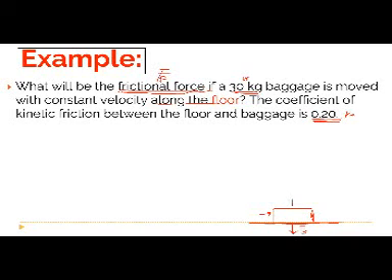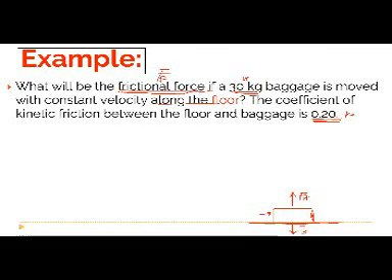So this is perpendicular to the surface, and that is our normal force, the F sub N. F sub N is perpendicular to the floor, which is the force exerted by the surface.